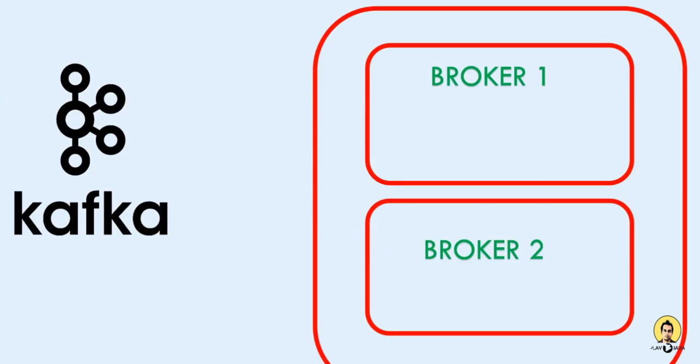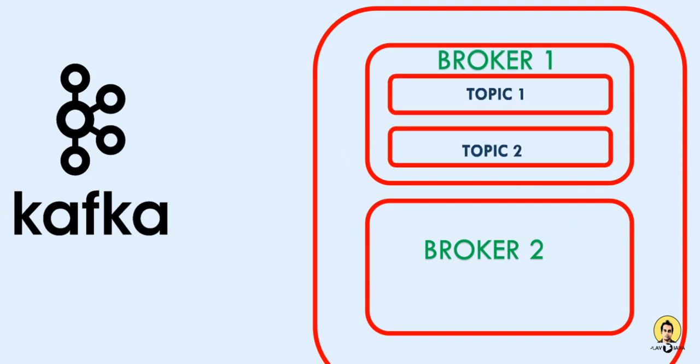Now let's understand the architecture of Kafka. In Kafka, the system is divided into multiple brokers, and you can understand these brokers as separate tables or separate segments of a database within Kafka. These brokers are further divided into separate topics. For example, broker 1 is segmented into topic 1 and topic 2. Likewise, broker 2 can be segmented into multiple topics.